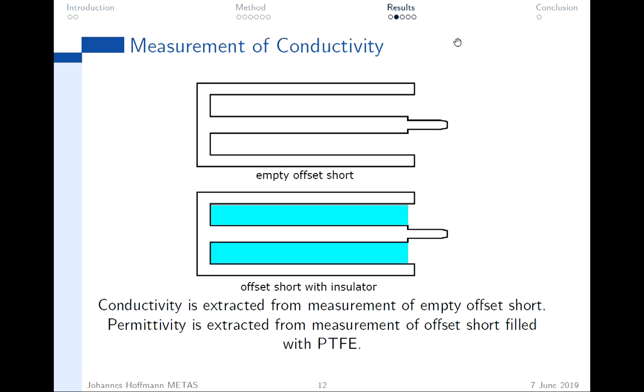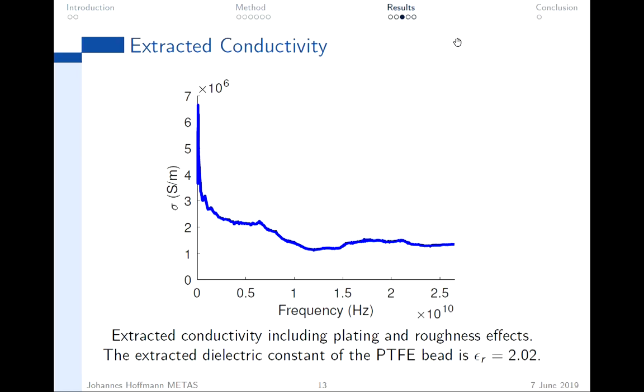So let's see how that works. Here you see the empty offset short, the filled offset short, and from that we can basically derive the conductivity. So you see here the derived or extracted conductivity of the plating. I'd like to draw your attention to these values.